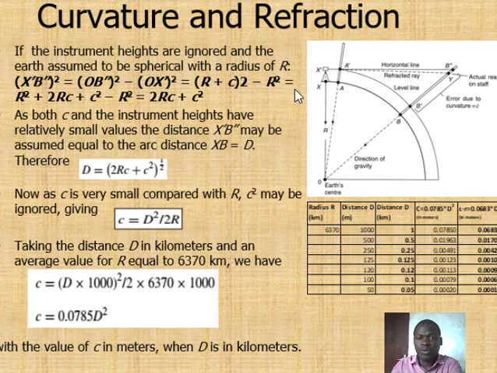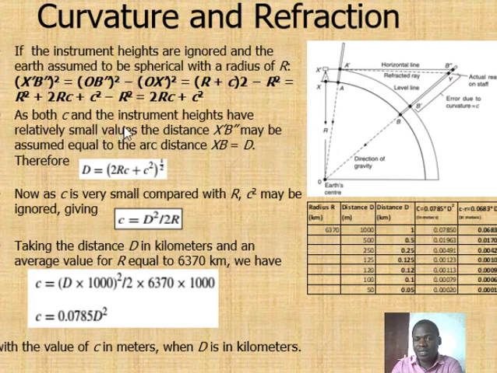And when we develop it, we have R squared plus 2RC plus C squared minus R squared, which is equal to 2RC plus C squared, where R squared minus R squared is equal to 0.